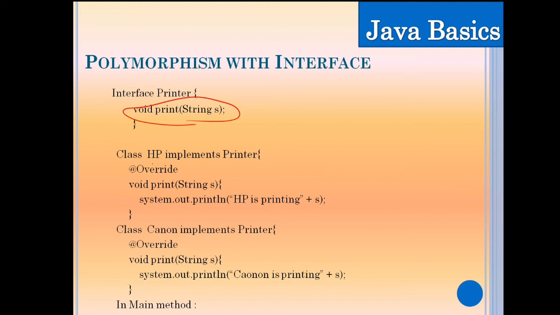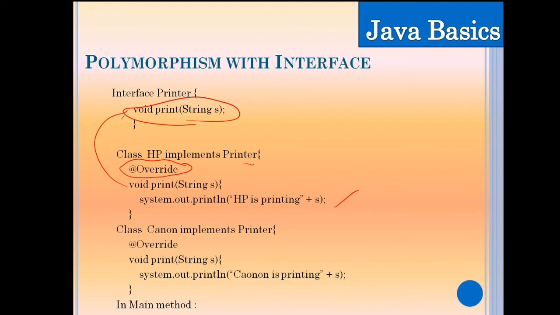So my class HP implements Printer, right? When it implements, it's going to override it. This is the annotation we use to tell the compiler that I am going to override this method. So I say override and I'm going to provide my implementation as the HP company.